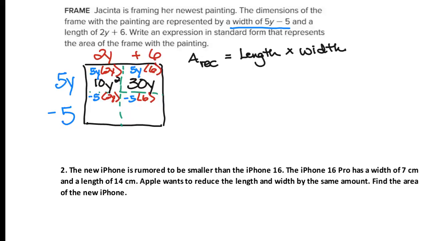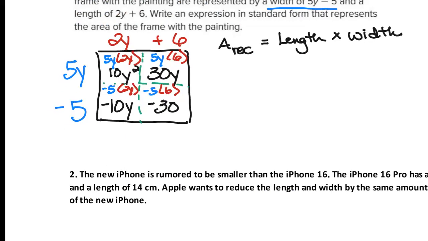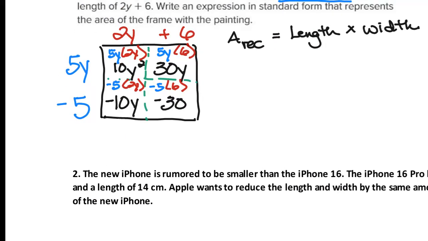So in the bottom left-hand corner of my box method, -5 times 2 is -10y, and -5 times 6 is -30. Okay? Where am I going to find my like terms in the box method? Do you see any like terms?